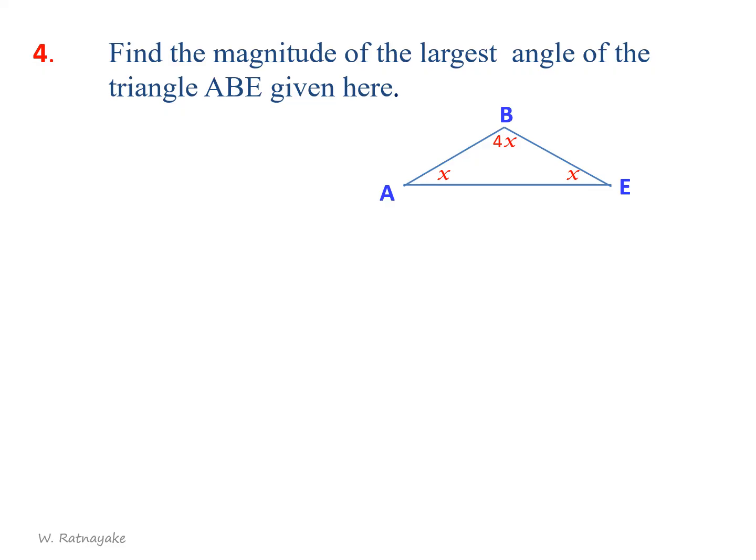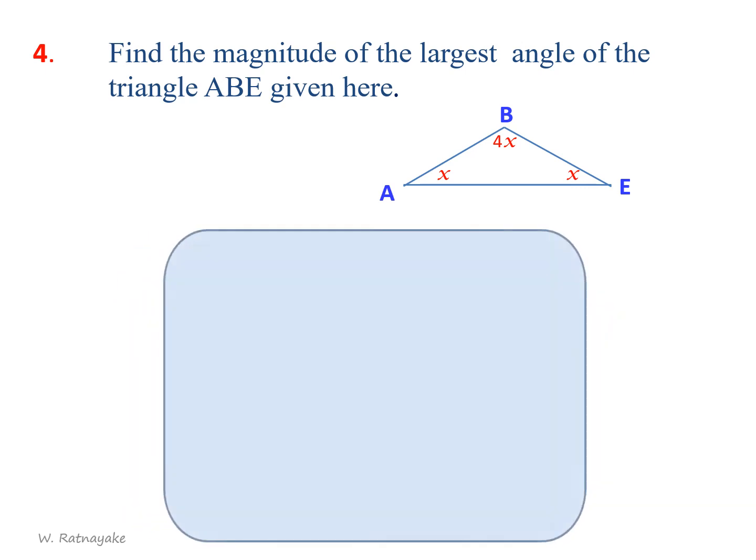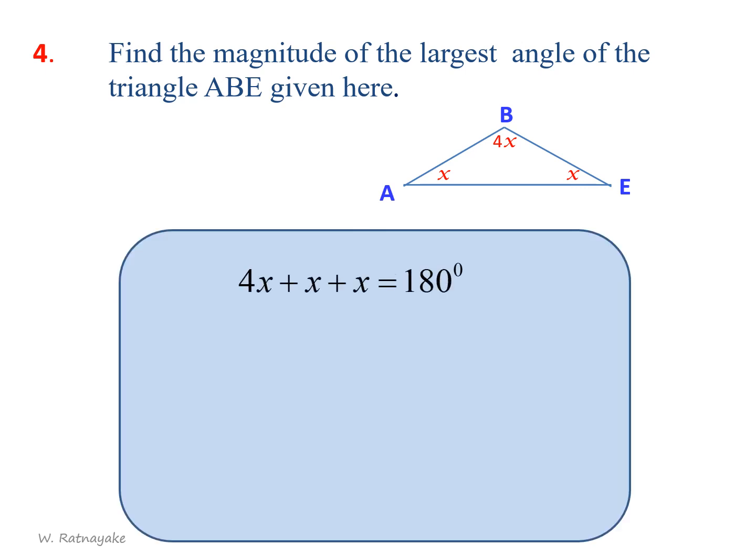We know the sum of the interior angles of a triangle is 180. Therefore, we can write this as an equation, 4x plus x plus x equals 180. That means 6x equals 180. To find x, we can divide both sides of the equation by 6.